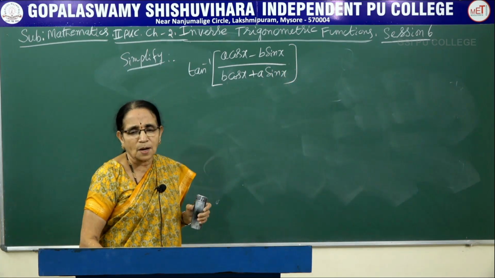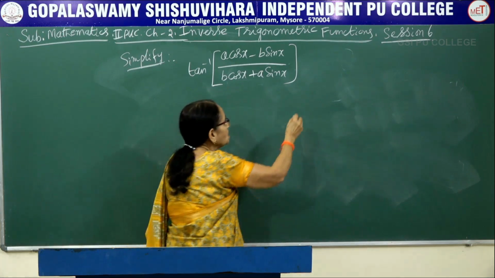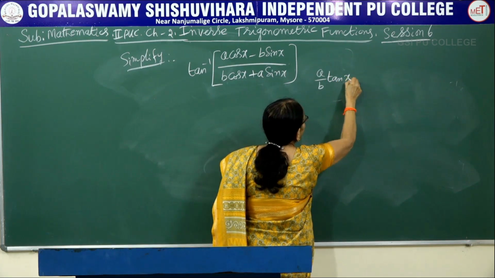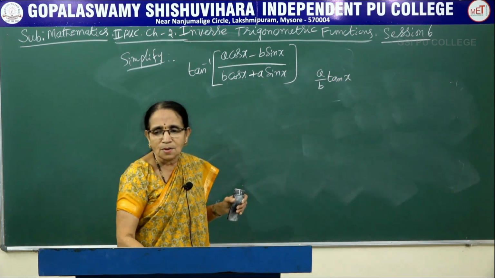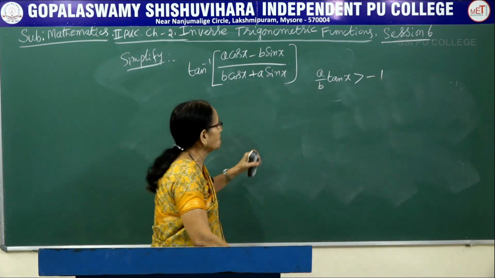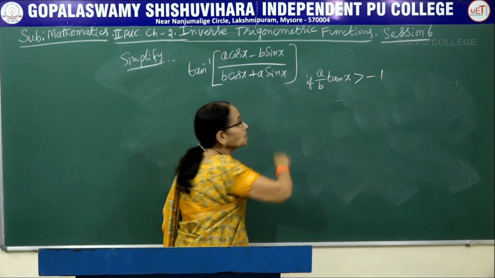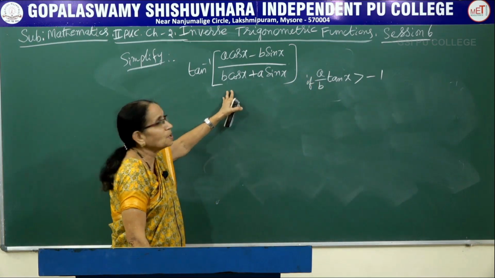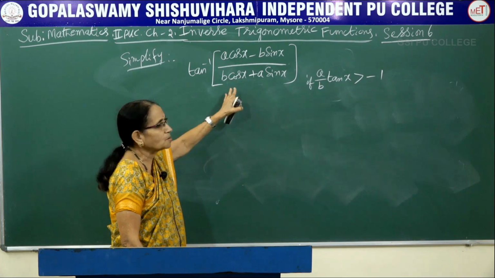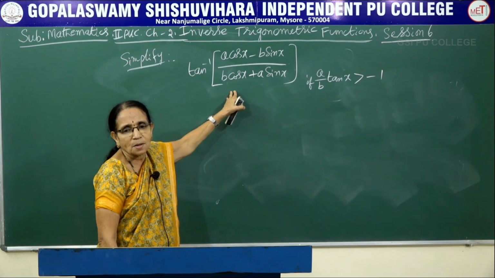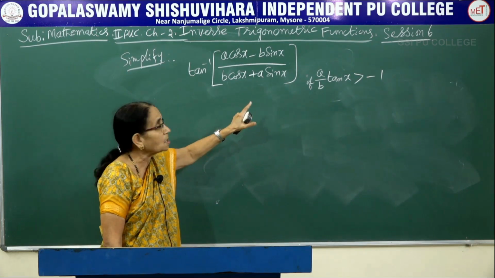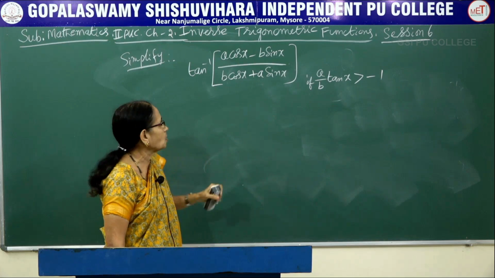Some restrictions have been given for the values, that is, under this condition, a by b tan x is greater than minus 1. Sometimes they give you an if condition. So, you have to simplify tan inverse of a cos x minus b sin x divided by b cos x plus a sin x, if a by b into tan x is strictly greater than minus 1.